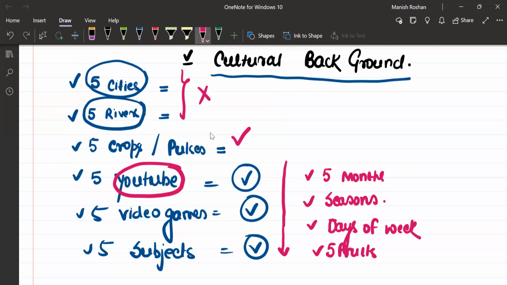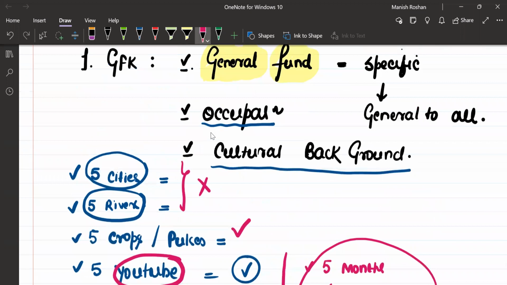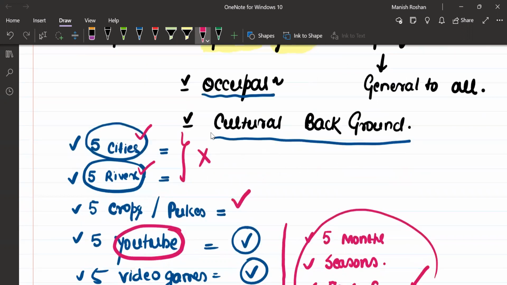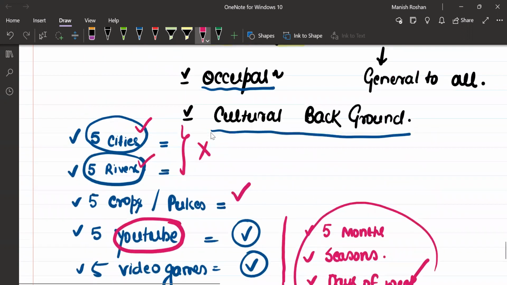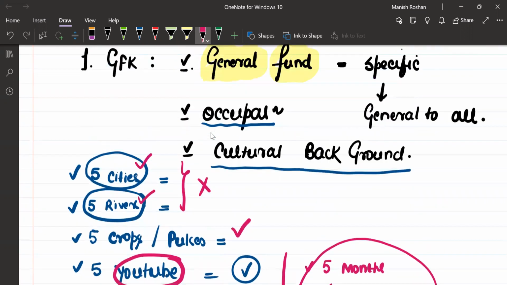So accordingly, general fund of knowledge can be assessed. You don't have to stick to those straightforward questions which we have been asking. Although you should ask them, once the patient is not able to answer, you can definitely look into their occupation and cultural background and move forward.